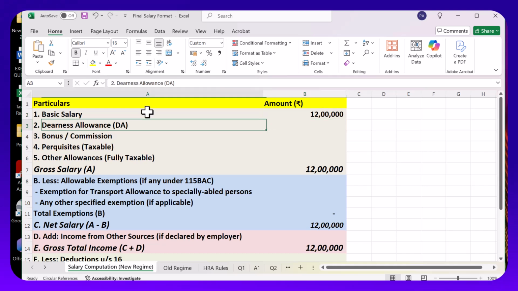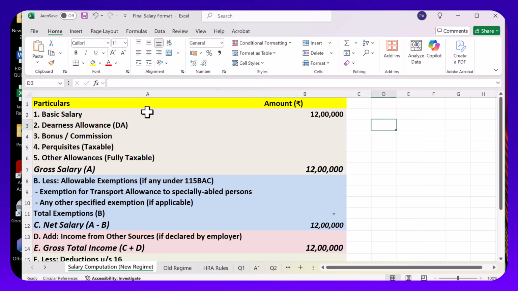Okay, what is the second item? Now, many companies, like government companies, give a DNS allowance. In private companies, they also give an allowance, but they may call it by a different name. It is always linked to inflation. Every year, inflation is happening to the tune of about 5 or 6 or 7 or 8%, or whatever percentage. So the company can increase your salary by that percentage. That is called DNS allowance.